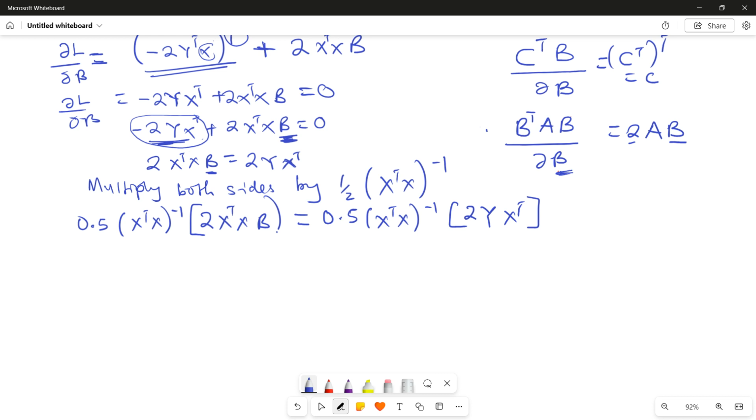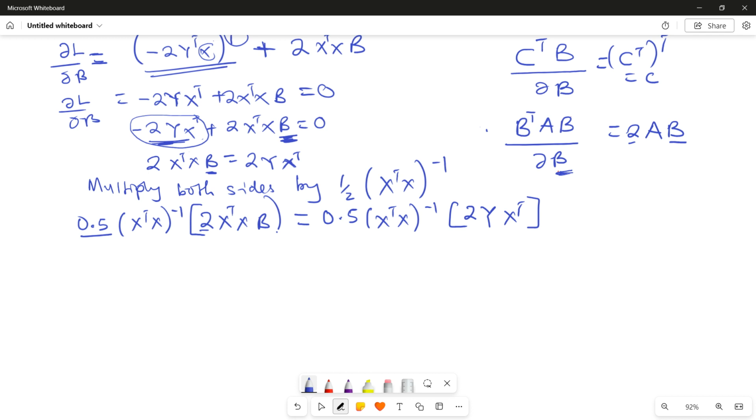Now, what is the impact of this? When you multiply 0.5 times 2, it will be 1. And x transpose x inverse multiplied by x transpose x will also be a 1.